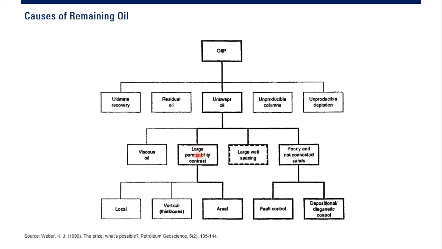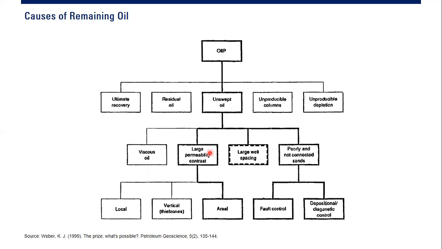And the second thing here is in bold line. So I think Weber wants to make emphasis on this one: large permeability contrast, of course. If you have water flood, water injection, water will tend to go to the place with least resistance.